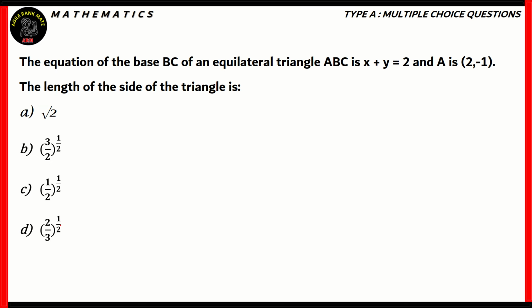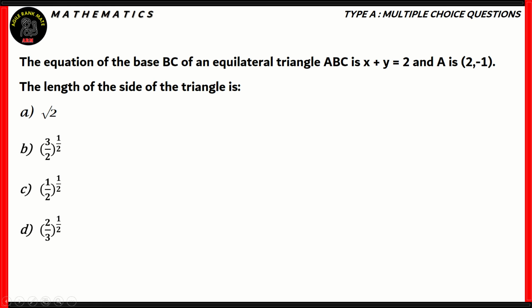Now, our figure is basically a triangle with vertices A, B, C, and this base BC is given by the equation x plus y equals 2, which we can write as x plus y minus 2 equals 0.